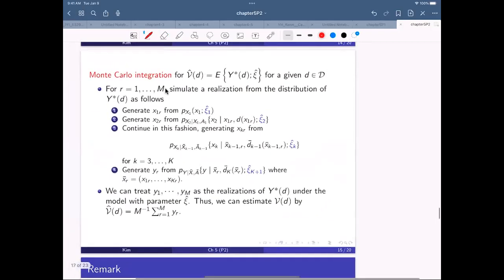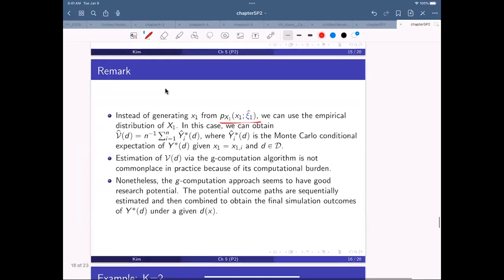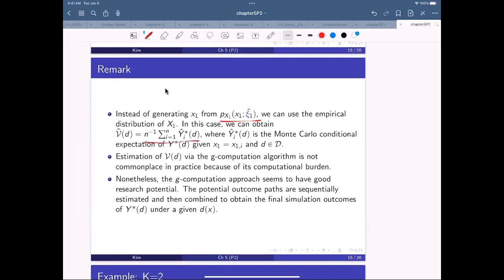You don't have to simulate X1, because you know X1 already for each unit. So use that particular X1 to generate X2. You can repeat the simulation not from the first step, but from the second step, and that way you can maybe do better. That's the first remark.